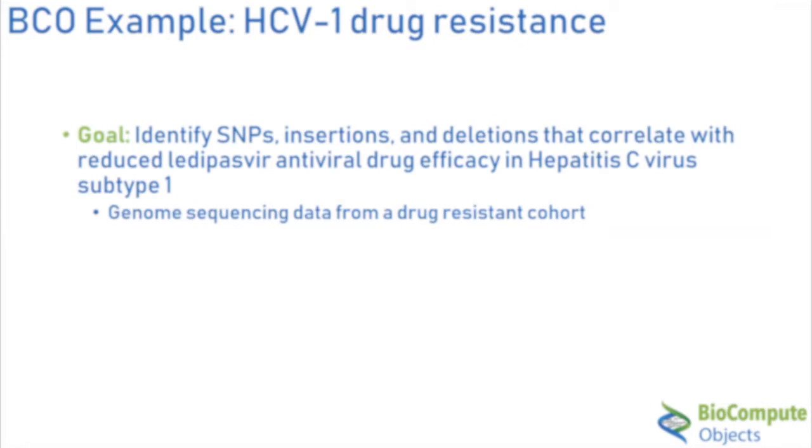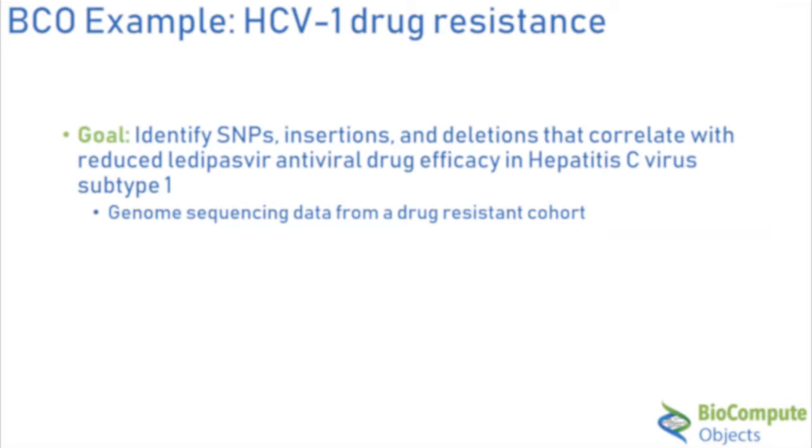Yeah, so just for a very quick example, we can build a quick pipeline and step through what it would look like. For example, if you're a researcher and you've got a cohort of individuals that have HCV1, hepatitis C, and they're all on the drug ledipasvir, and there's a subpopulation there that's drug resistant.